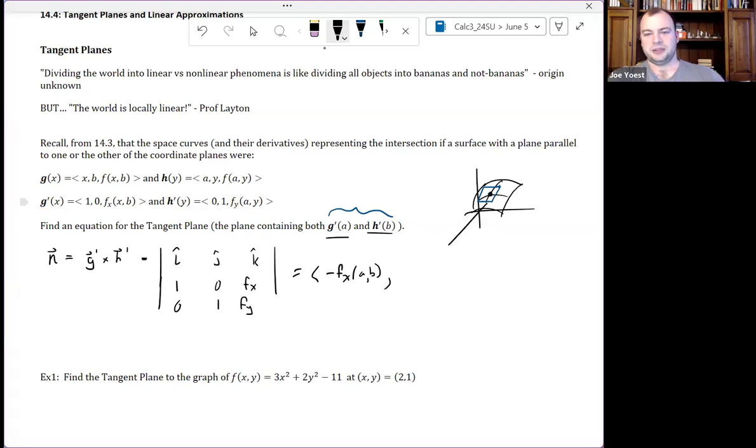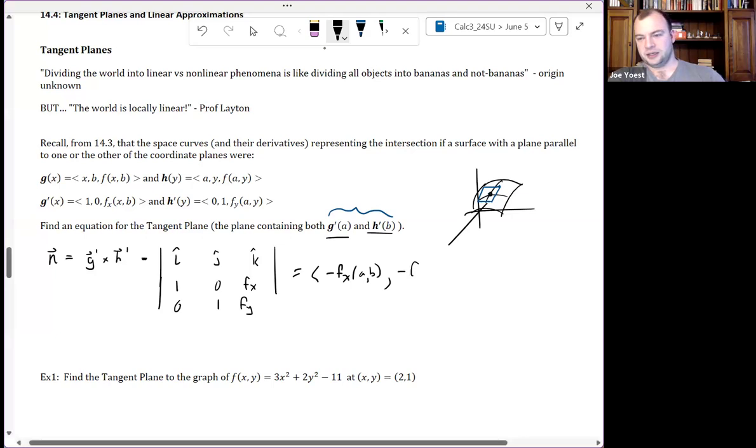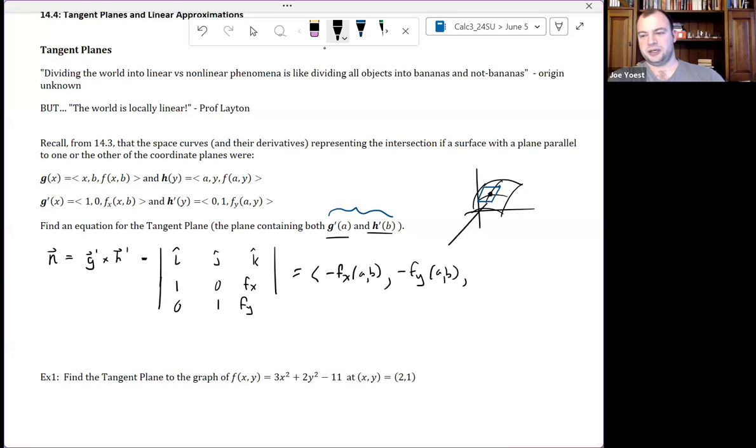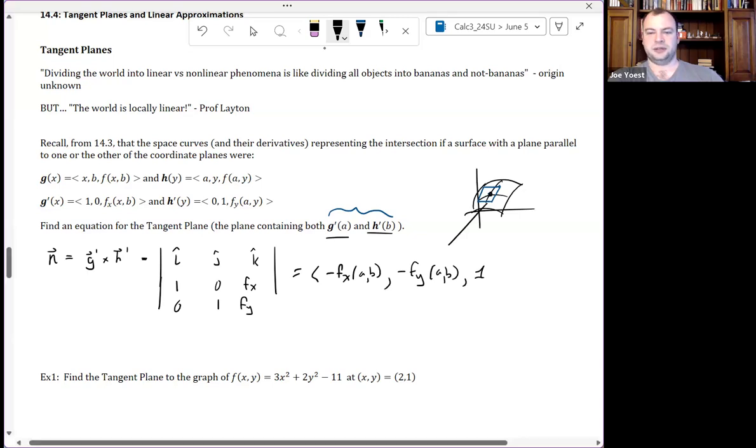The j bit, going down and to the right, j times fx times 0 gives me 0, minus j times 1 times fy, minus fy at (a, b). And then k going down and to the right gives me k times 1 is 1, minus k times 0 is 0. So that is my normal.